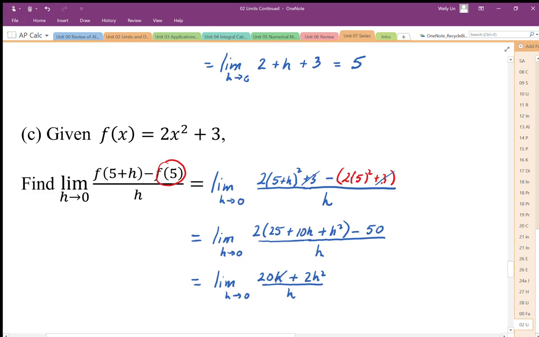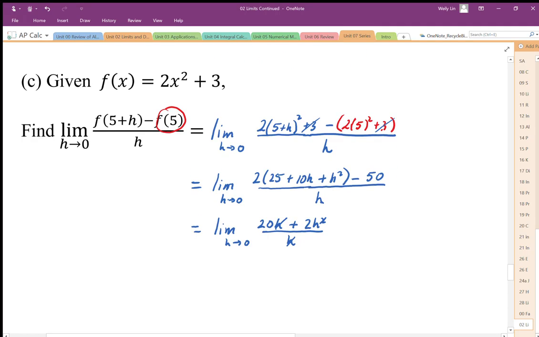These h's cancel out. Now we can compress some of these steps if you want, but I'm just writing out more steps right now. Normally I wouldn't write out all these steps. So I end up with 20 plus 2h. After that denominator cancels out, I can now evaluate this limit by plugging in my h. So I end up with the limit equal to 20.